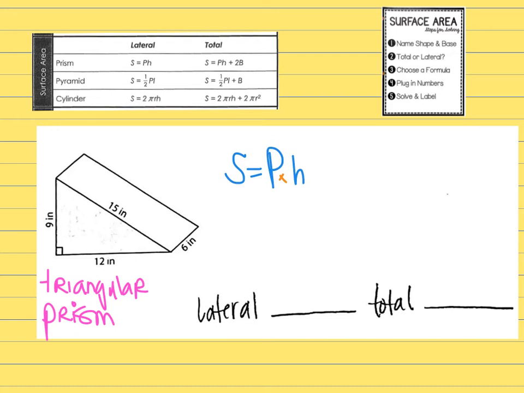I'm going to trace over the base, which is the triangle. I'm going to shade it in just because I like to color. But it also helps me distinguish that this piece is my base, so I can identify what numbers are important when I'm needing to work with just the base.